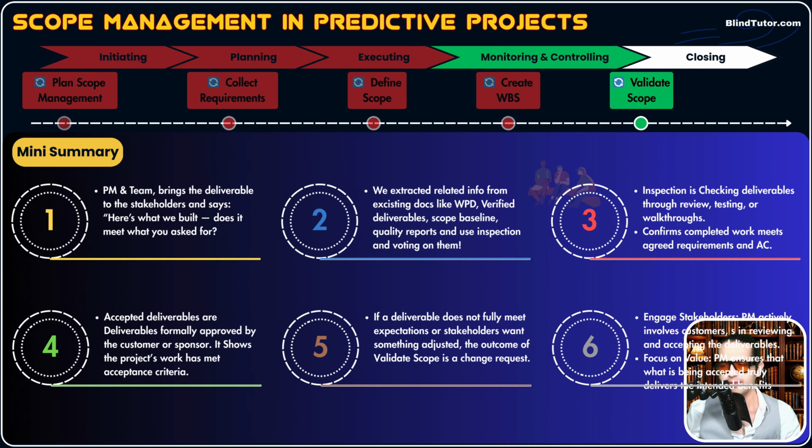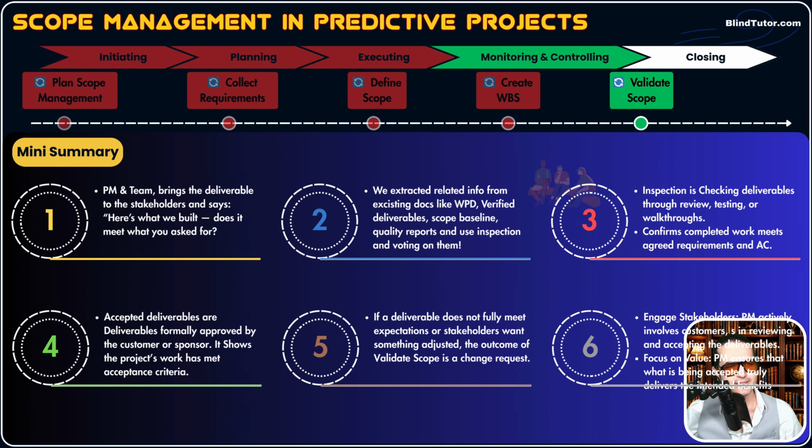You need to say, hey, this does not meet your expectation. I know you approved it, I know you accepted it, but here's the thing. It lacks something. Okay, be honest. Focus on value. Make sure that every deliverable adds value to the final and initial goal of the project.